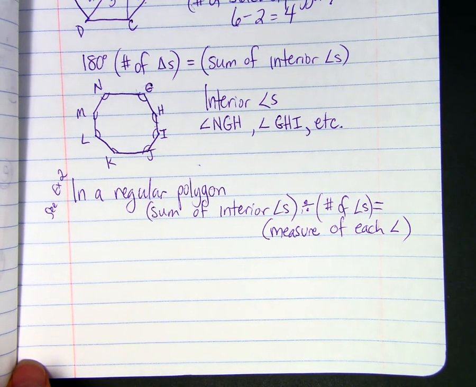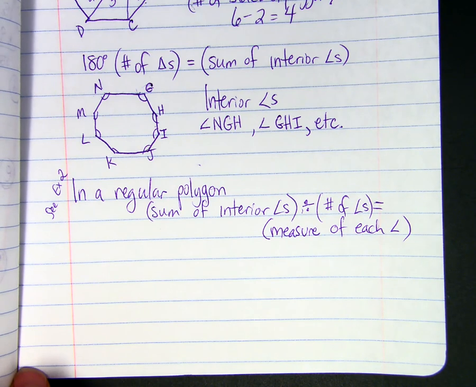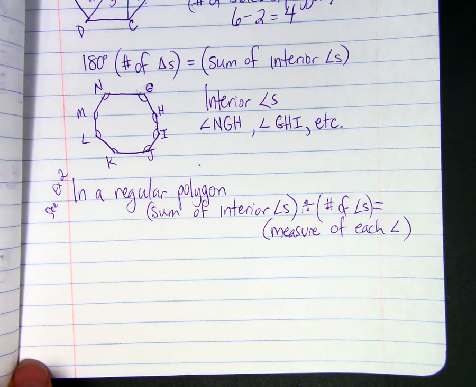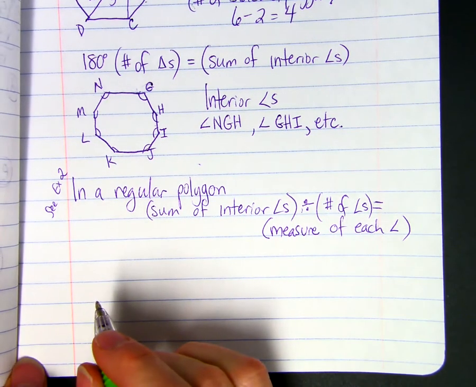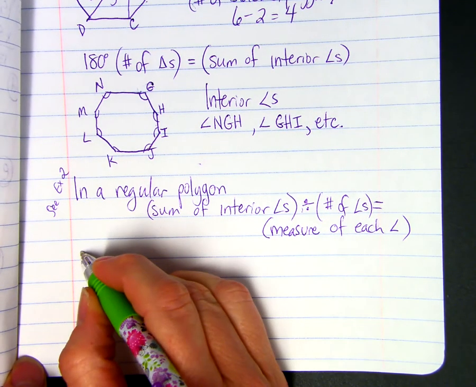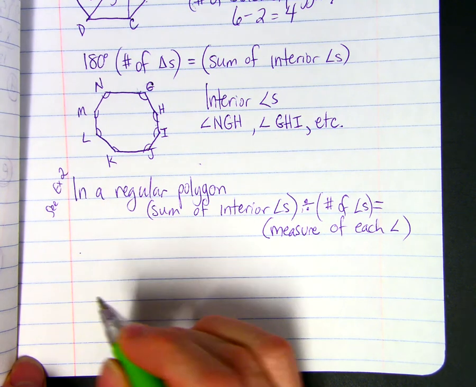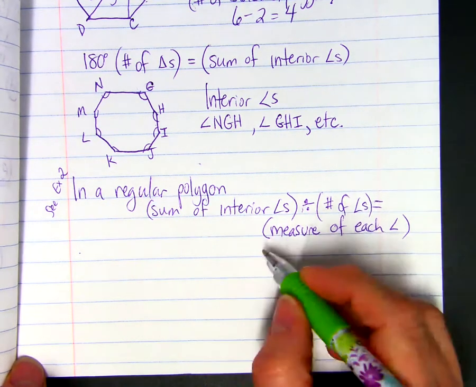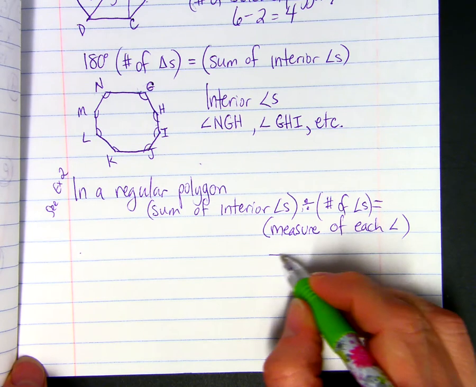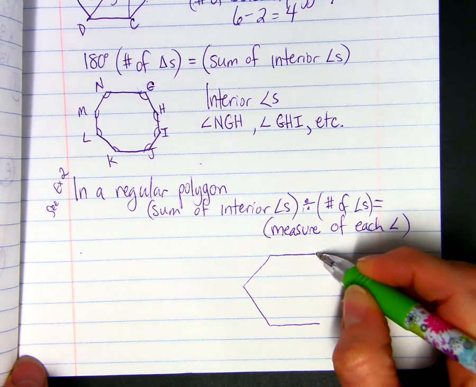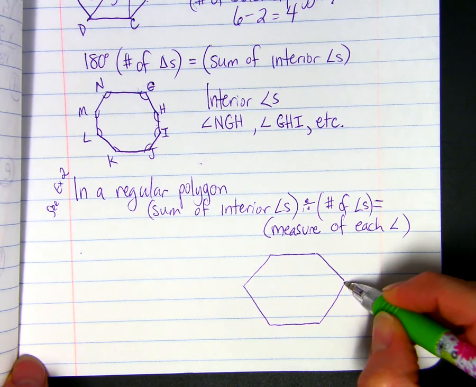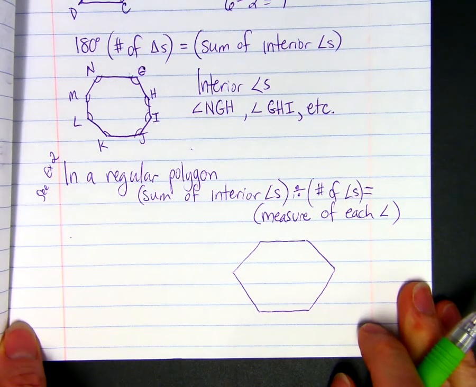Okay, then we have what's called exterior angles. Those are all the angles that are outside the figure. So exterior angles, let's see, I would like to draw a hexagon. I'm going to draw it over here. And I'm going to draw the exterior angles so you can see what they look like.